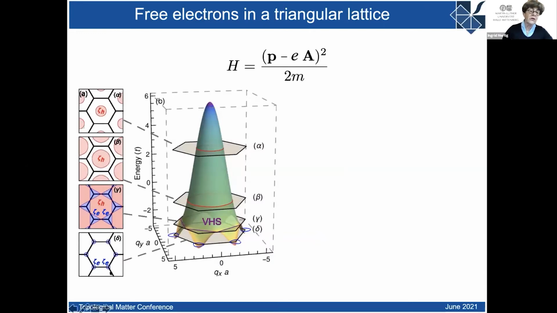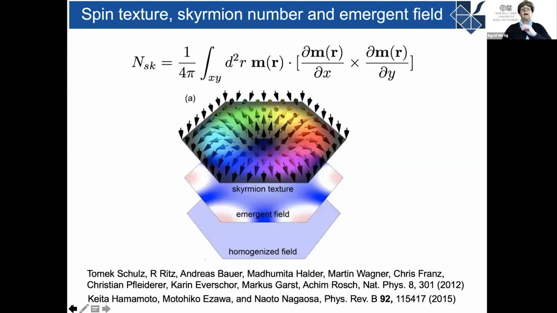But this emergent field is, of course, an inhomogeneous field in my Brillouin zone. But to do an analytical calculation, we homogenized this inhomogeneous field, which is seen here, under the condition that the skyrmion number is conserved.